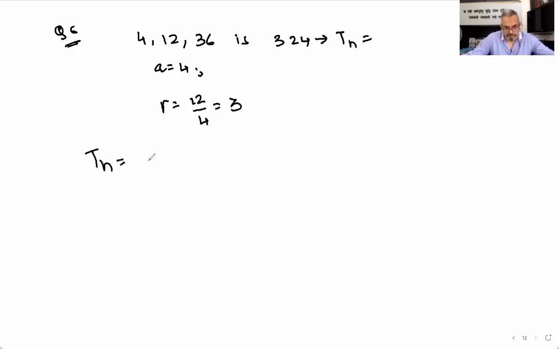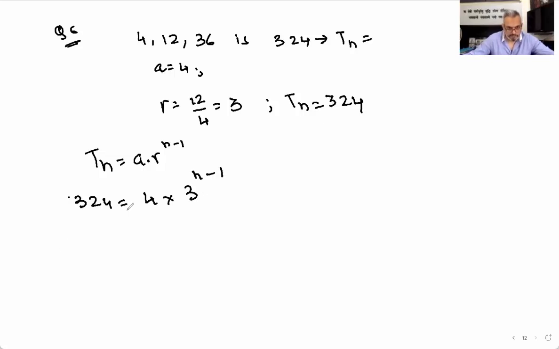Tn is equal to A into R raised to n minus 1. We have to find the nth term. Okay. So Tn is equal to 324. So 324 is equal to 4 into 3 raised to n minus 1.